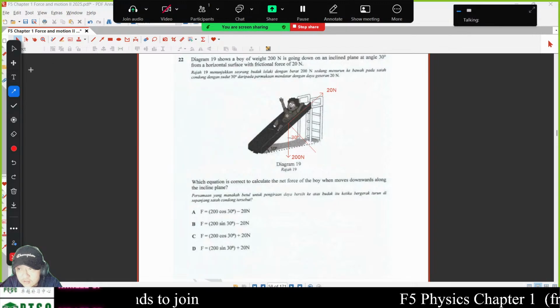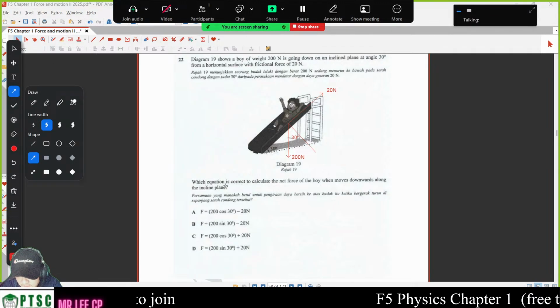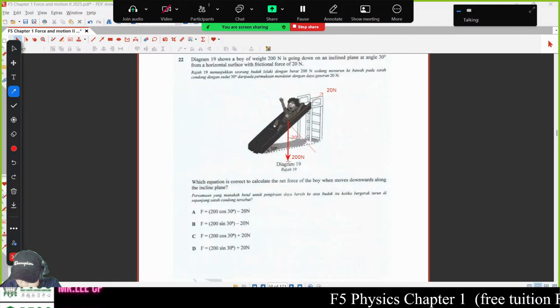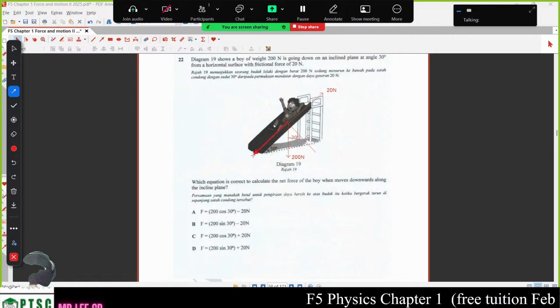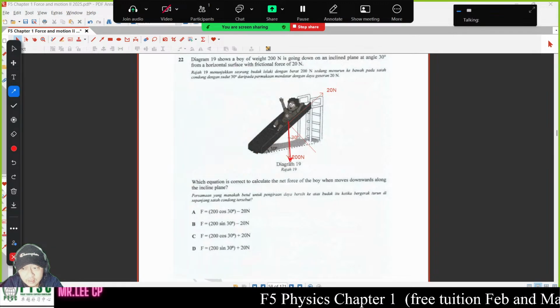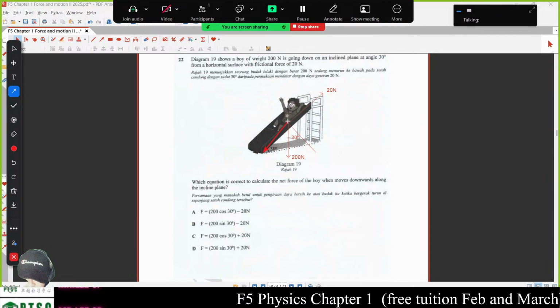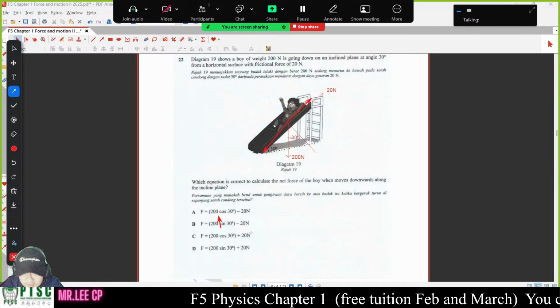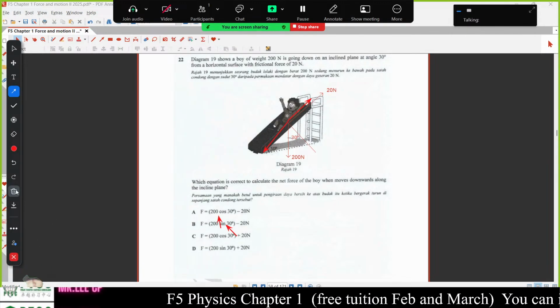Now they ask which one is correct when it's moving downward. W 200 brought to here. Touch 30 or not touch 30? No, so I use sine. 200 sine 30 minus 20. You see, I straight away get the answer.